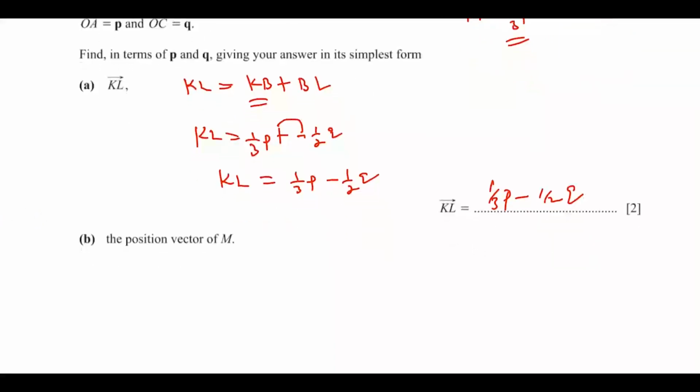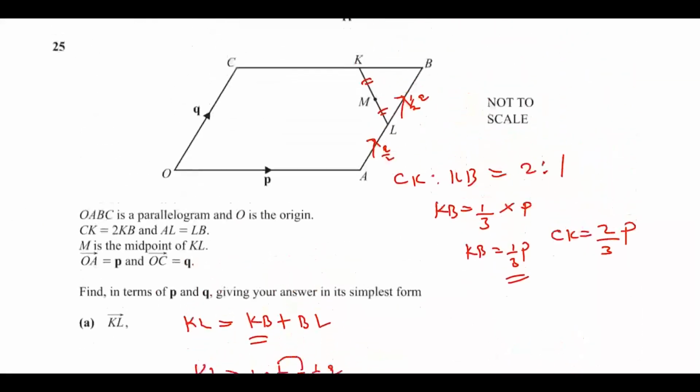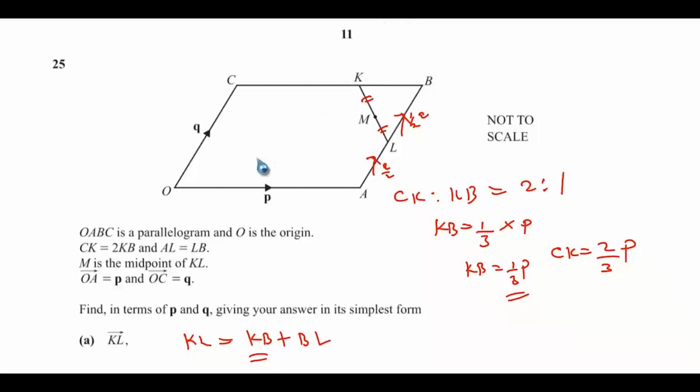And part B, the position vector of M. The position vector of M will be from point O up to this point, so we want to find OM. To get OM, you have two routes. You can go from here to this place and back to M, or you can go from O to C to K, then back to M. So we'll take this route.